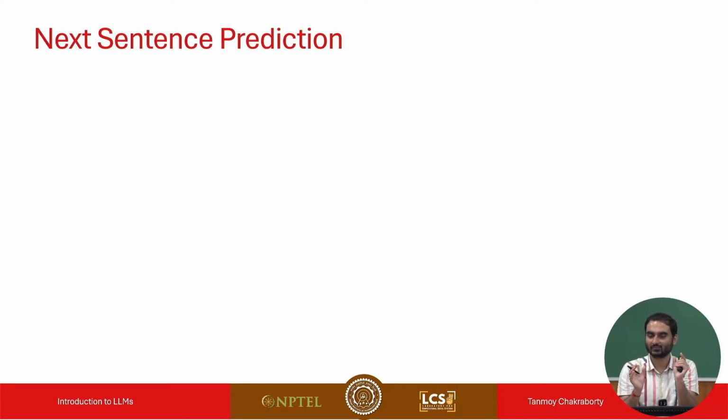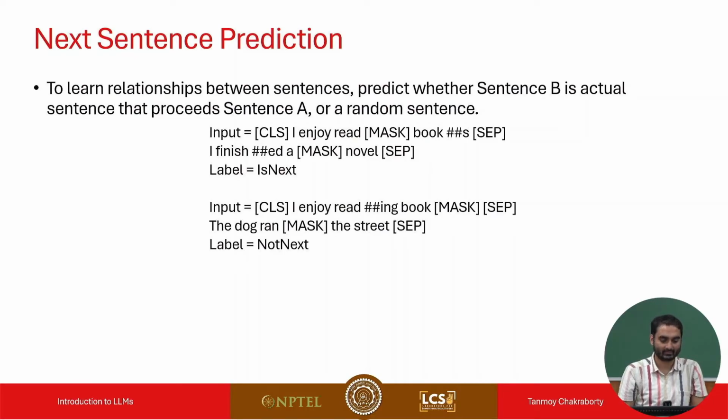For the training data, you take those pairs of sentences which actually appear side by side as your positive samples, and as your negative samples, you do random shuffling and take those pairs which do not appear side by side. Let's say, I enjoy reading the book, I finished the novel. These two sentences appear side by side, so the label is yes, otherwise the label is no.